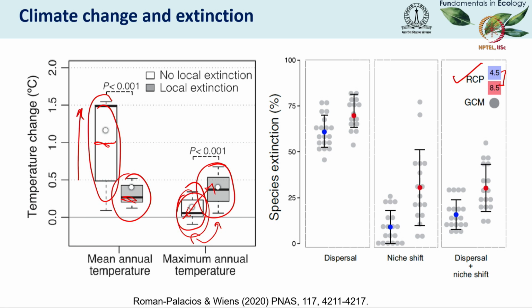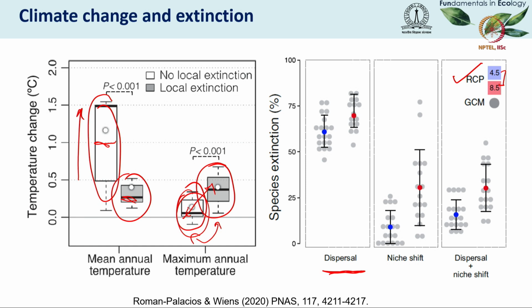If the only way in which a species can respond to climate change is through dispersal, through range shifts, then species extinction probabilities are high. That's because ultimately they will end up with nowhere else to go. There will be no new place that they can move to.